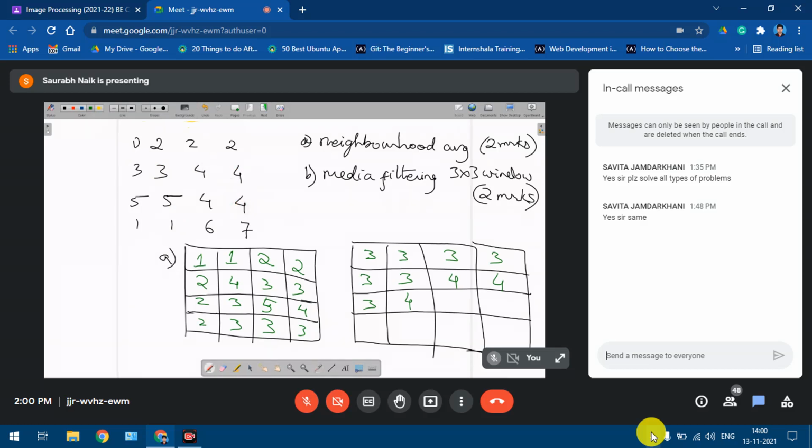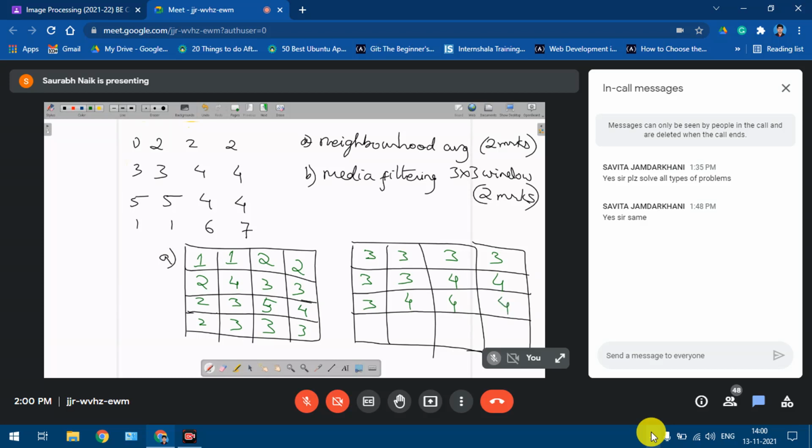So my median is again 4. Then at 2 comma 3, that is this particular pixel, I have the values as 4, 4, 4, 4, 6, 7. Since this is 6 numbers, my median will be the average of these two numbers, which is 4 and 4. So my median is 4.